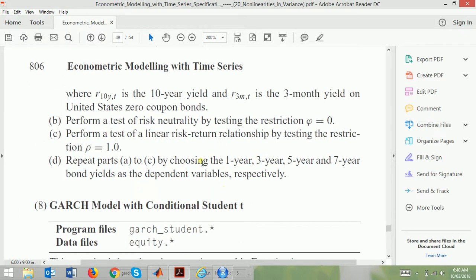Okay, and then the GARCH is there, where R10 is the 10-year and R3 is the 3-month yield on United States zero coupon bonds. Perform a test of risk neutrality.